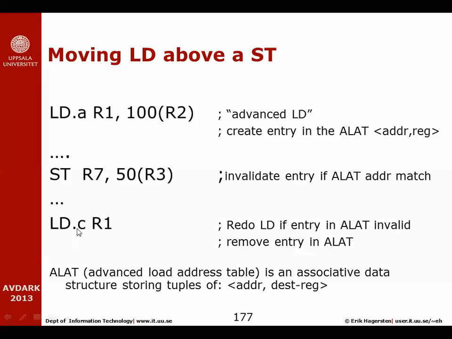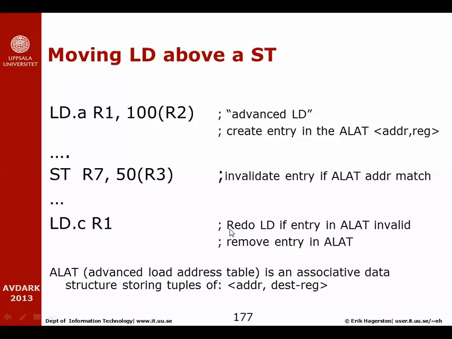Now we come down and we do the other half of the load operation. This is called a load check, where we just make sure that nothing bad has happened. Load check R1. And here we go into the ALAT and we make sure that this entry containing R1 is still in the ALAT.